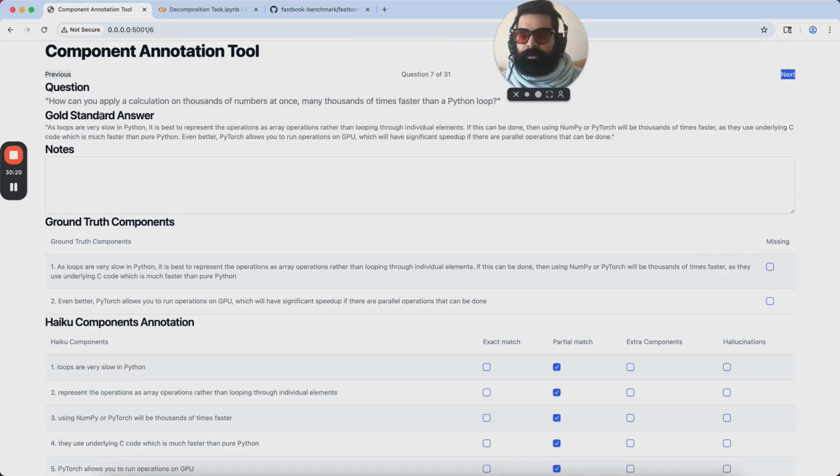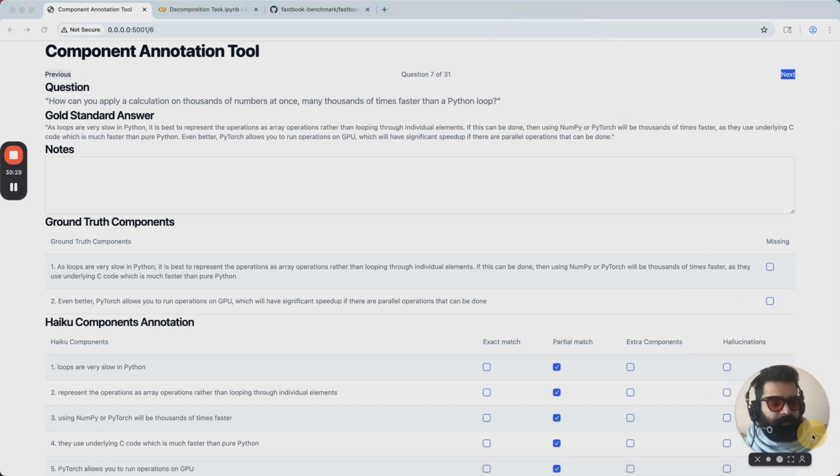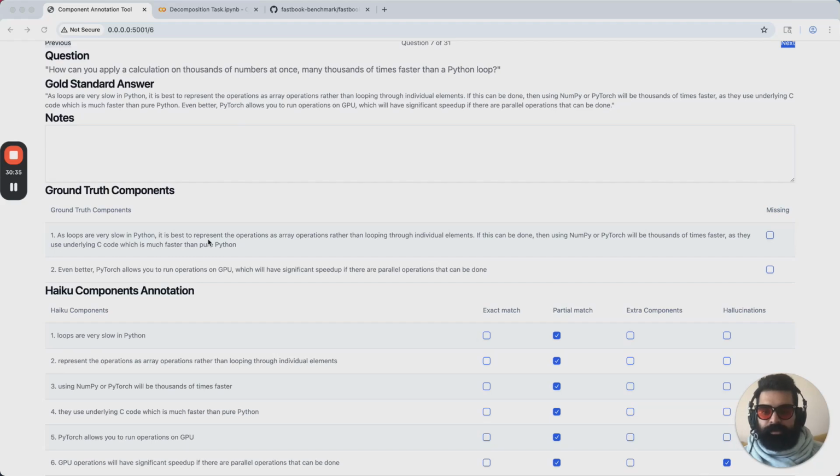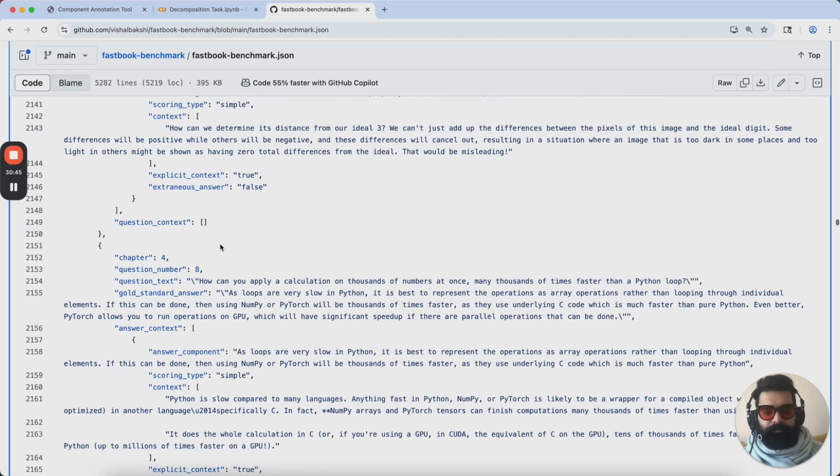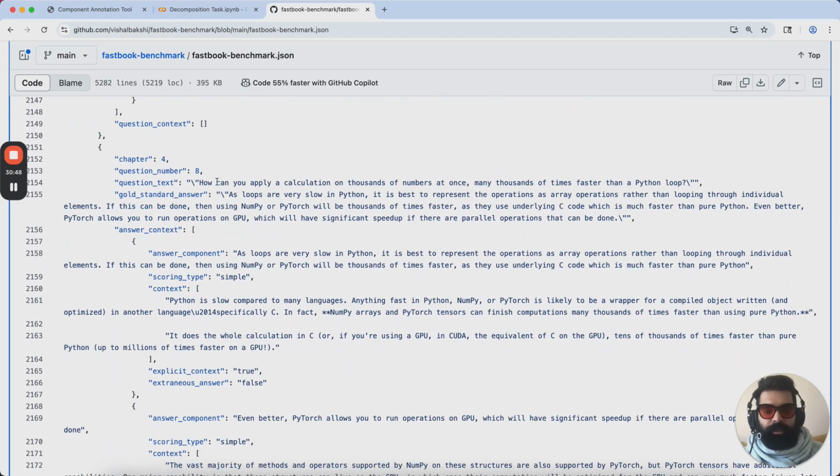Okay. How can you apply a calculation of thousands of numbers at once, many thousands of times faster than a Python loop? Let me put myself down here. I think we're seeing a similar example here. Haiku has multiple partial matches, and I have grouped ones. And then if we look at, here we go, how can you apply?